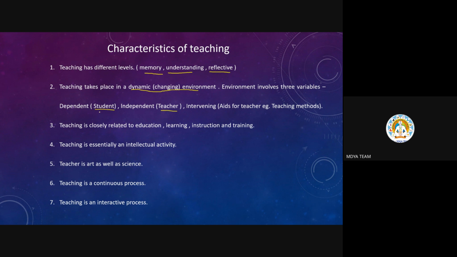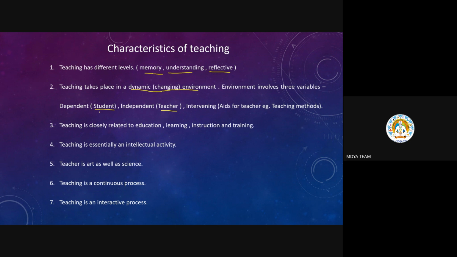Like in a class, the number of students may differ. It is not a fixed thing. In our classroom, if in the previous class there were 10 students, maybe today there are 7 or 8. So the number of students is changing.